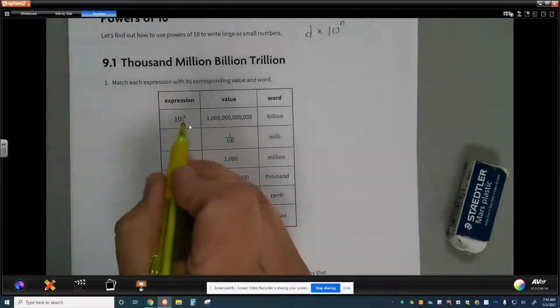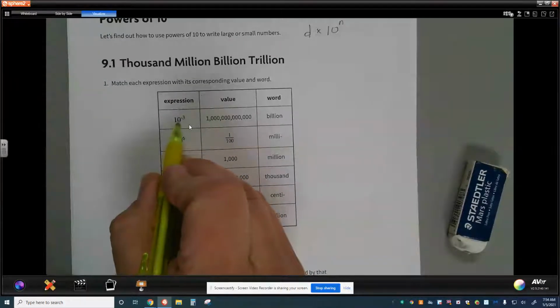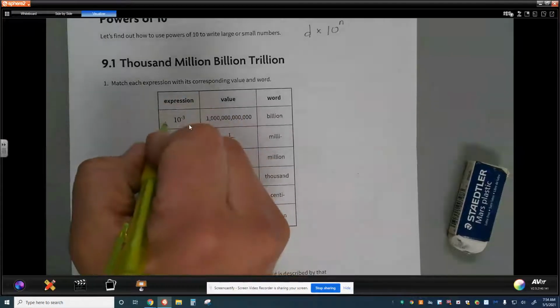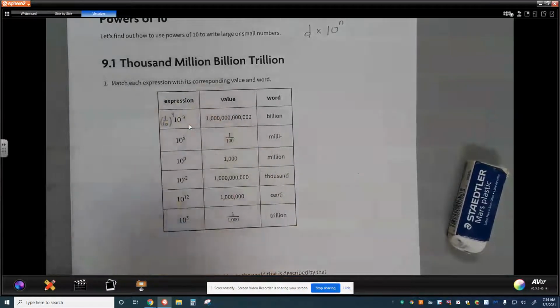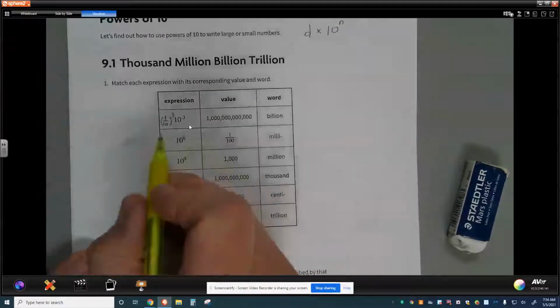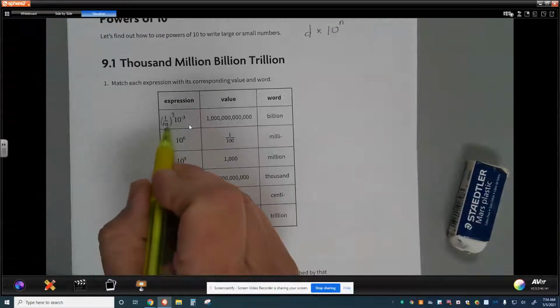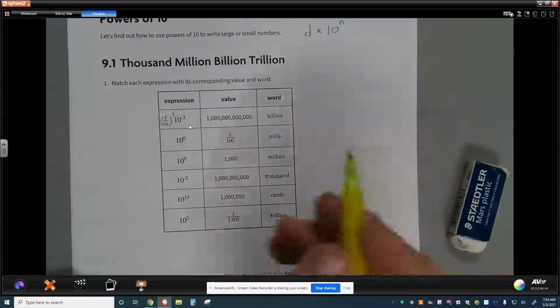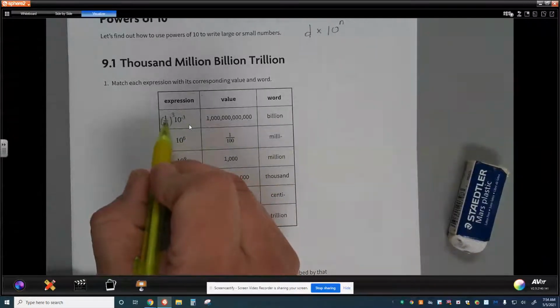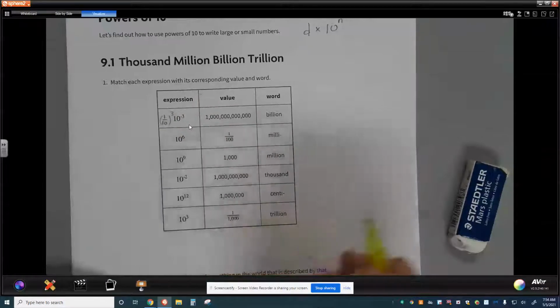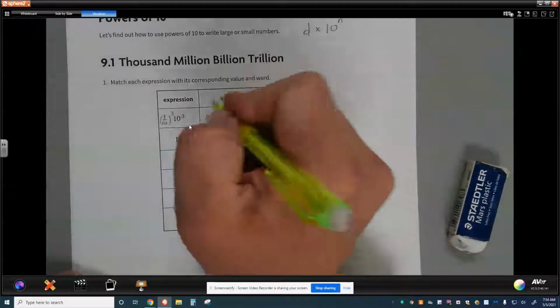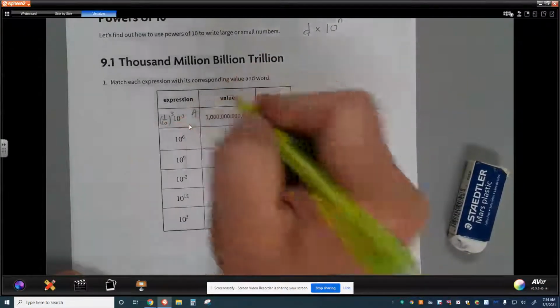So we need to be thinking about a reciprocal of 10, or 1/10 raised to the third power. We know that 10 to the third power is 1,000, and so 1/10 to the third power should be 1,000th.